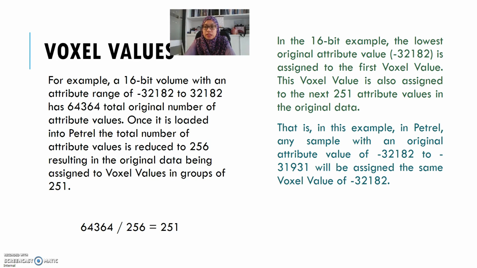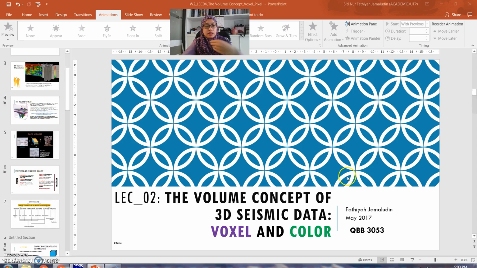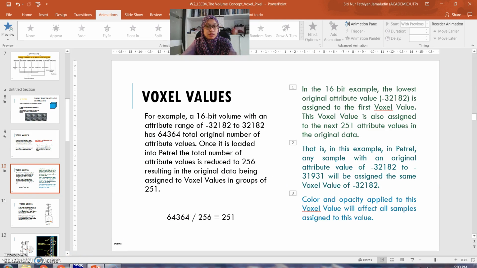So in this example, the attribute values from negative 32,000 to negative 31,931 will be assigned to the same voxel value, the range being 32,000 minus 31,931.